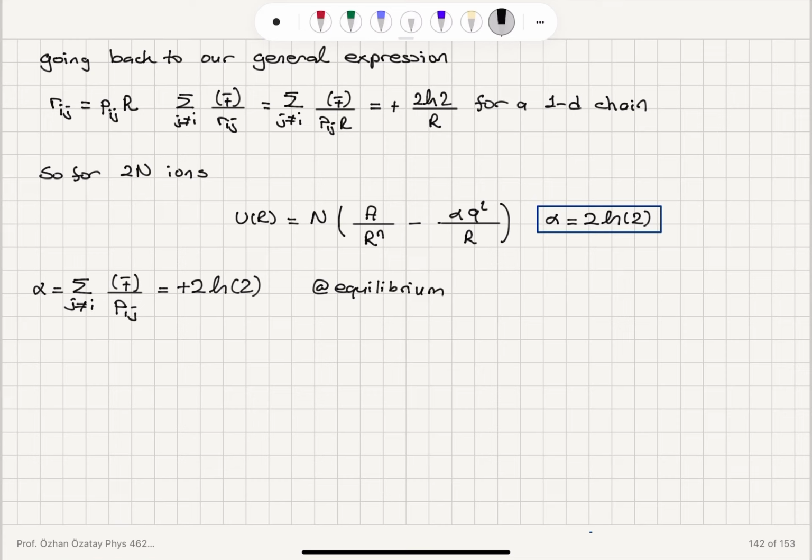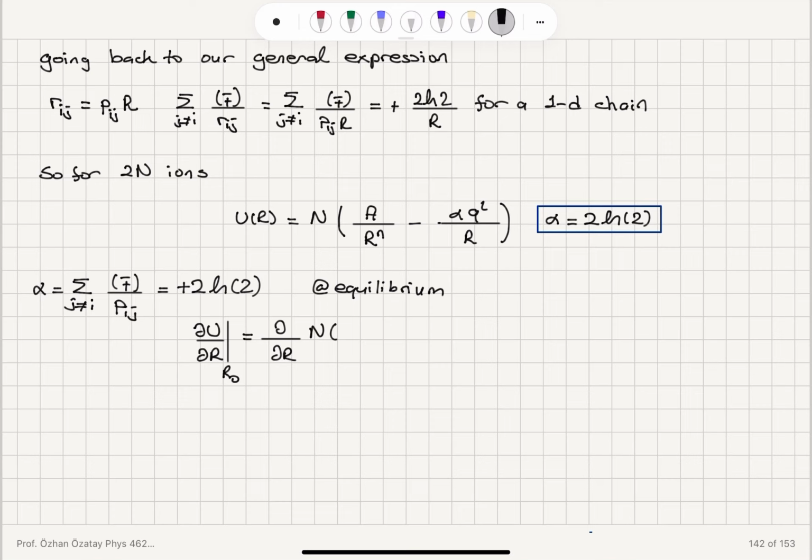Now, if I look at this situation at equilibrium, having found this potential, I can see the equilibrium nearest neighbor distance by taking the derivative of the potential del U del R, evaluating it at the equilibrium separation between nearest neighbors R0. This is going to be the derivative with respect to capital R del R of capital N number of ions divided by 2.